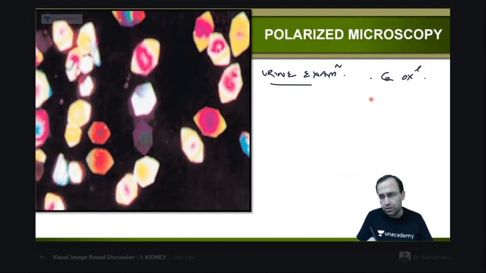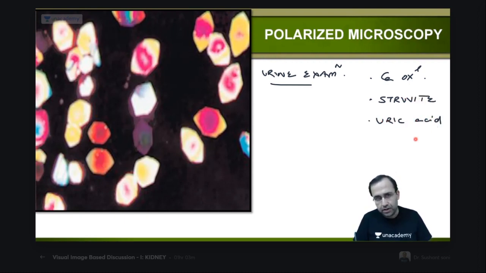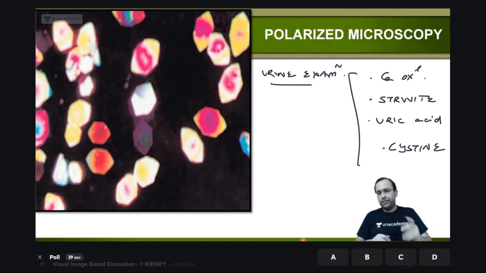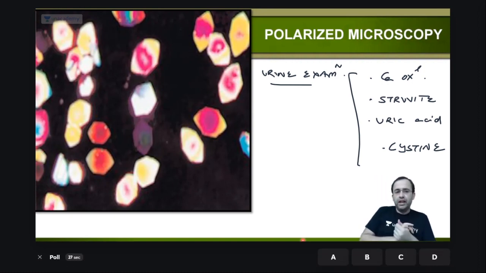These are your four main stones: calcium oxalate, struvite, uric acid, and cysteine stones. I'm just starting the poll. You have been given urine examination, polarizing microscope, showing you these four options: calcium oxalate, struvite, uric acid, cysteine.